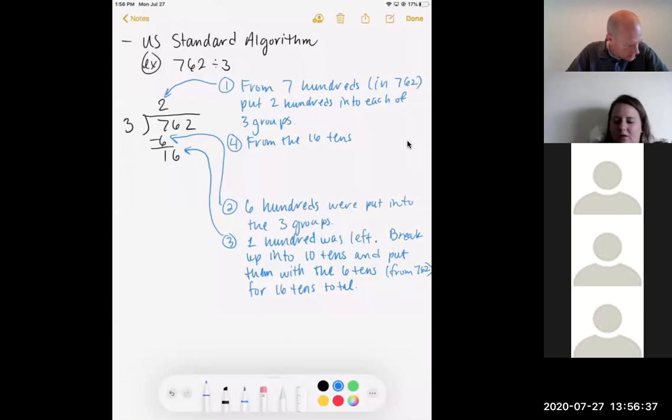because then we're considering the 16 tens. From the 16 tens, we put 5 tens into each of the 3 groups. So when we think about how many times 3 goes into 16, it goes 5 times. What you're doing actually is you have these 16 tens, and you're taking 5 of them and putting them into each group.